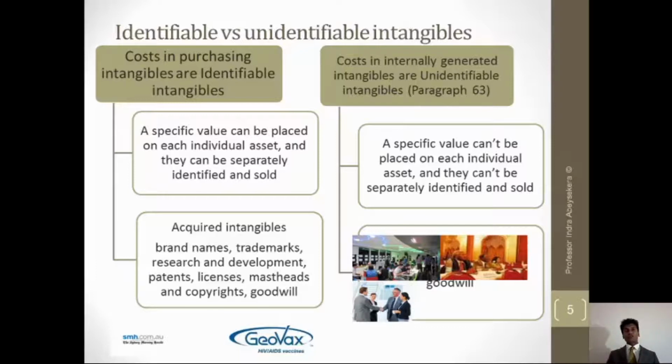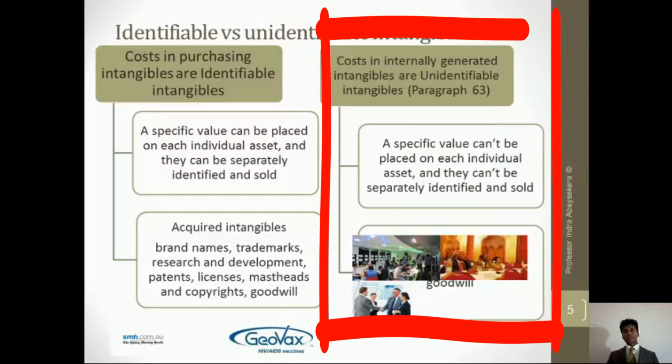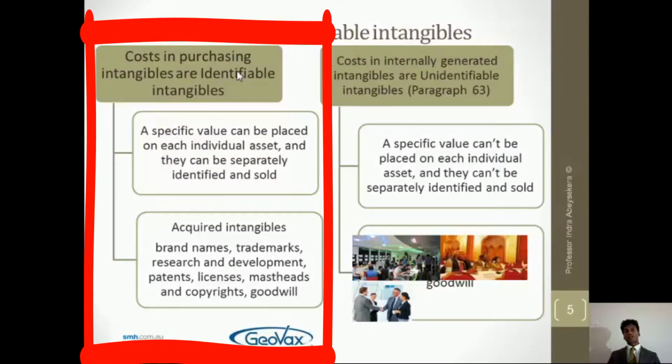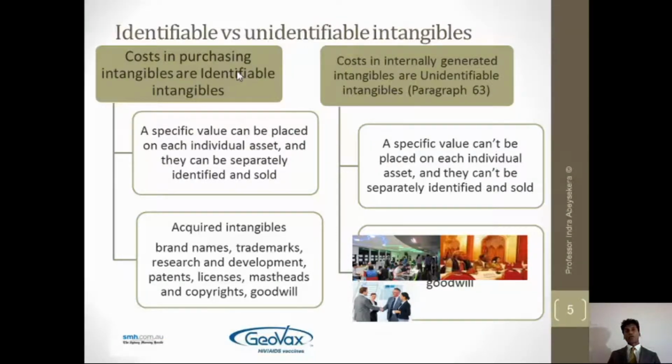We can also classify intangibles as those being generated within the organization, which is called internally generated intangibles. They are unidentifiable intangibles, and those being purchased from outside are identifiable intangibles.